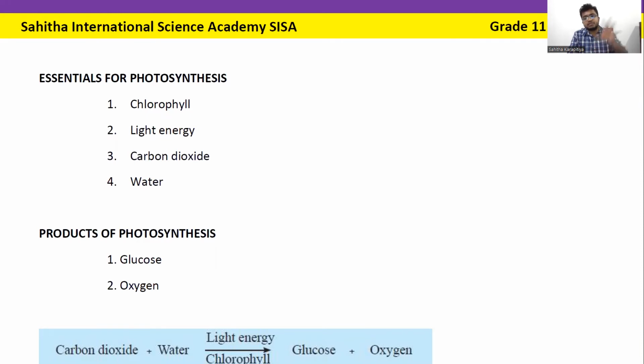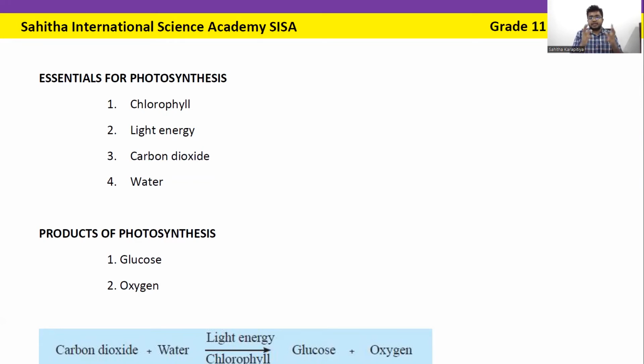Leaves become green because of this green chemical, and this chemical is present in the organelle chloroplast. Inside a plant cell, there is an organelle chloroplast, which contains chlorophyll. So the first one is chlorophyll, the second is light energy, the third is carbon dioxide, and the fourth is water. A plant needs all these 4 in order to carry out photosynthesis.